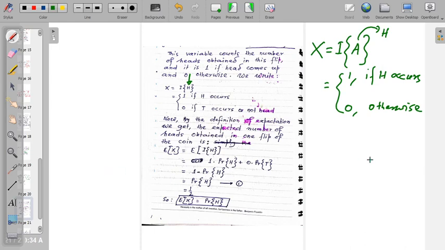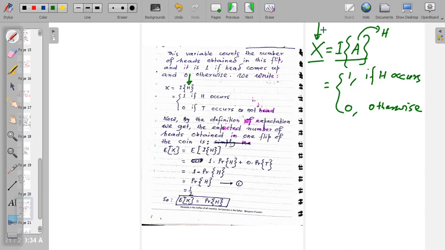So this is X. If this notation is a little bit cumbersome for you, you can omit it and carry on with this X, but visualize that X is the random variable associated with that event.